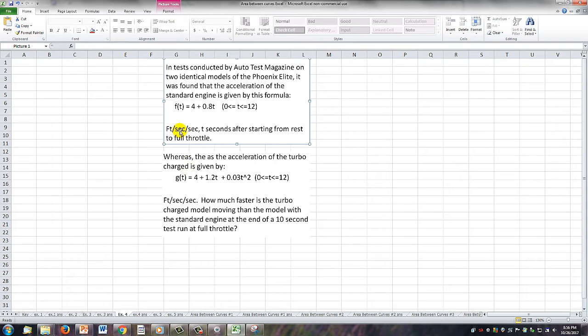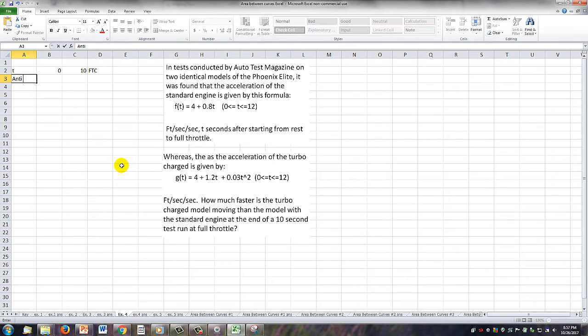So what this is saying is, find the area under this curve and you'll have velocity. Find the area under this curve and you'll have velocity. If you subtract the two, you'll have how much faster one is going than the other. So if we let t be from 0 to 10, because it says at the end of a 10-second full throttle run, we're going to calculate two areas under the curve.